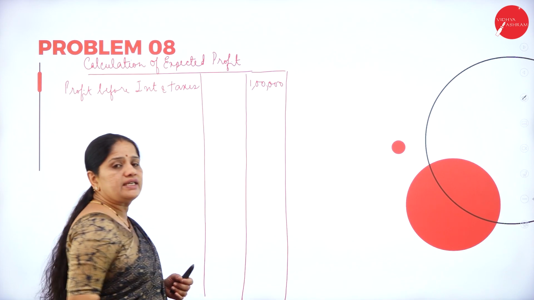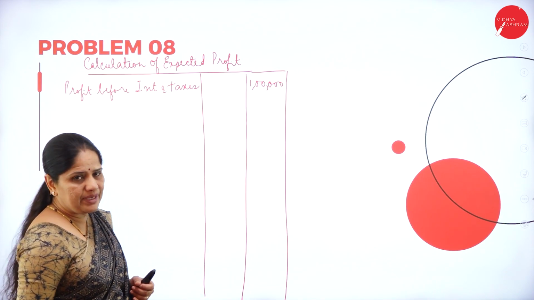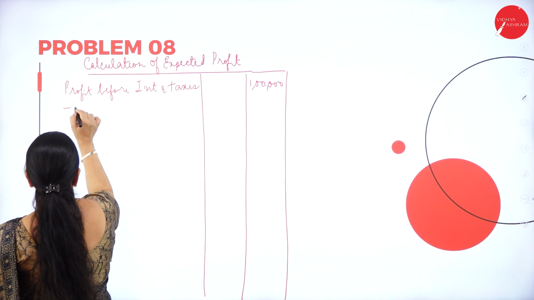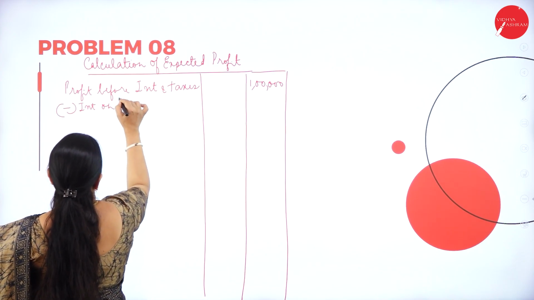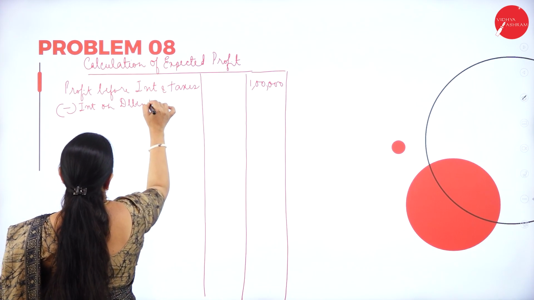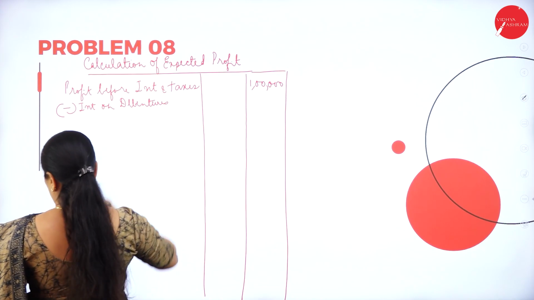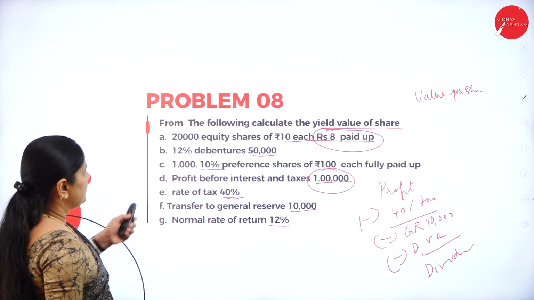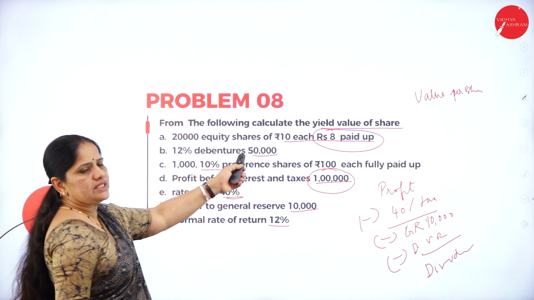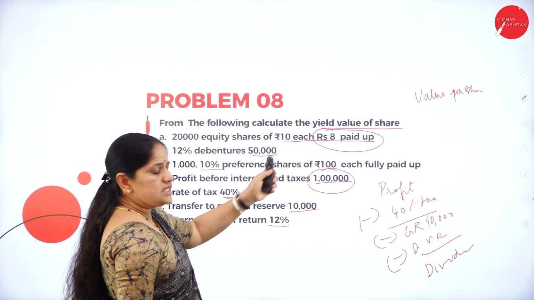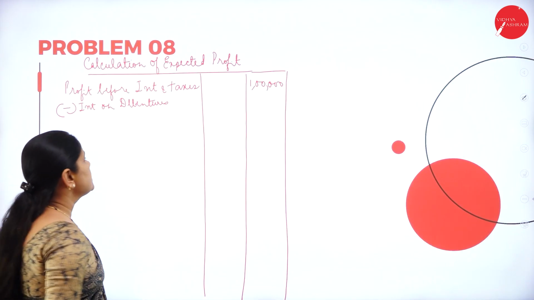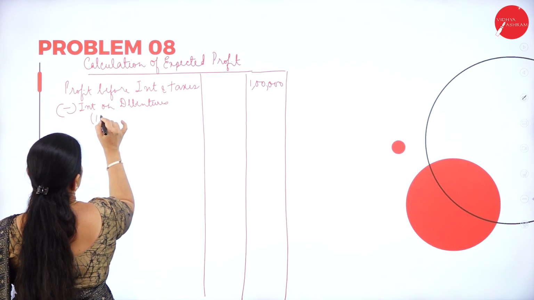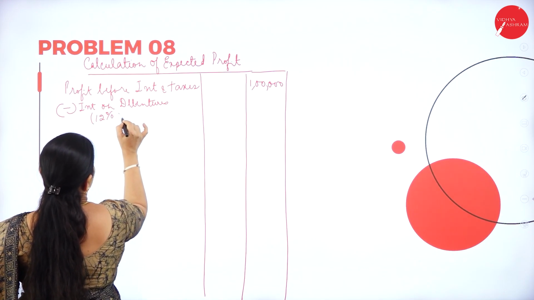From this profit, I have to deduct the debenture interest, less interest on debentures. Now what is the debenture value given? 12% debentures, rupees 50,000. So interest on debentures is 12% on 50,000.